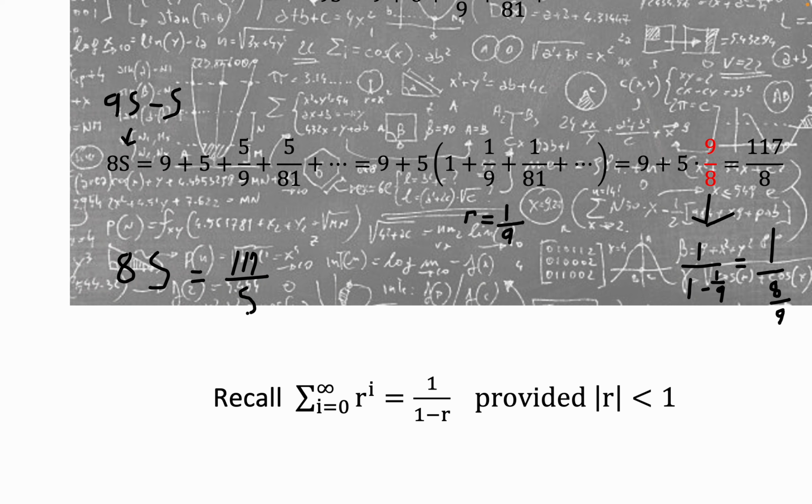That's the result of all this work here, a string of equalities, equals, equals, equals, right? And so, of course, dividing by 8 results in the solution: s is equal to 117 over 8 squared, which is 64, right? So that's what I got at least, 117 divided by 64.